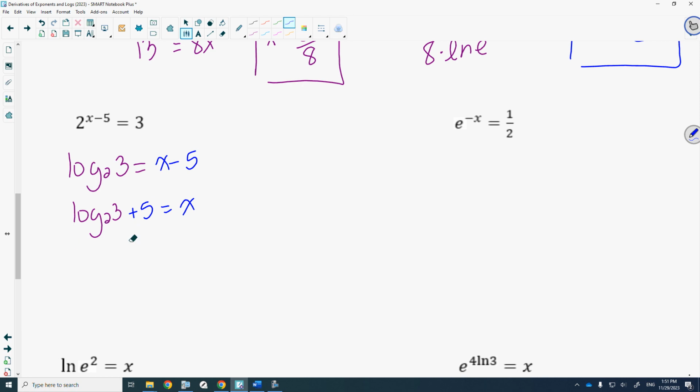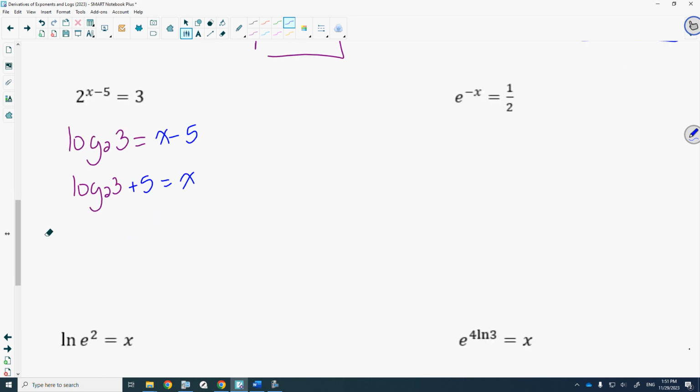And then one other thing, because our other answer is going to look slightly different from this. Do you guys remember change of base from 30-1? I'll show you what change of base is. I could rewrite this as change of base. It would be the log of 3 over the log of 2. Basically, change of base turns it into a common log.